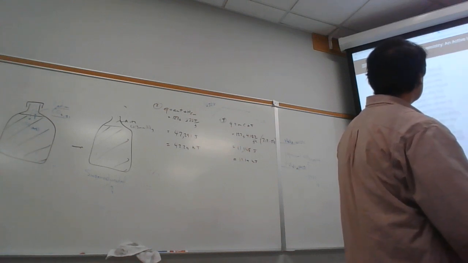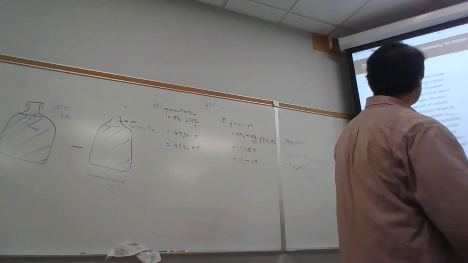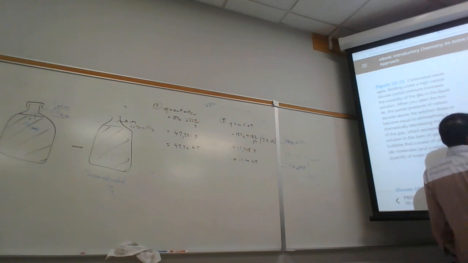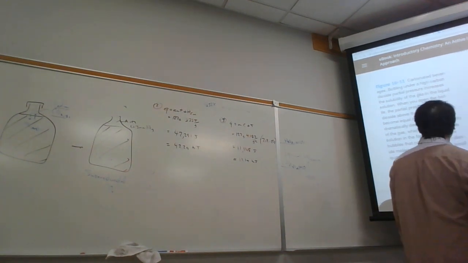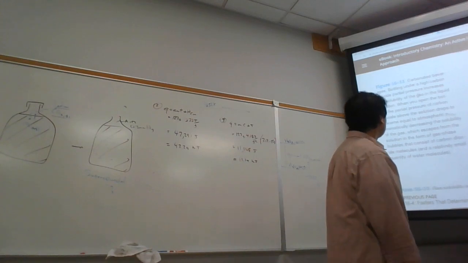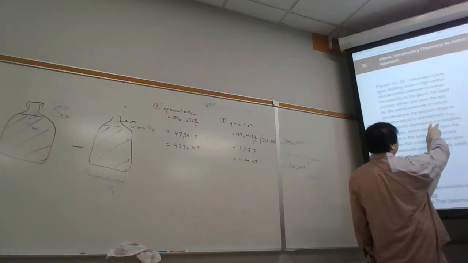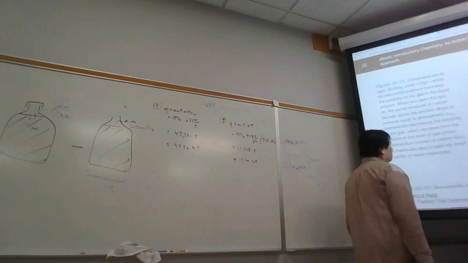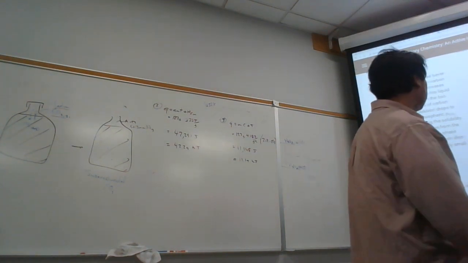So this is showing supersaturated carbonated beverages, bottled under high carbon dioxide partial pressure. And so you have like 1 atmosphere of pure CO2 here. When you open the bottle, the partial pressure of carbon dioxide above the solution drops to become equal to the atmospheric partial pressure of CO2, which is like 0.3 millimeters of mercury.